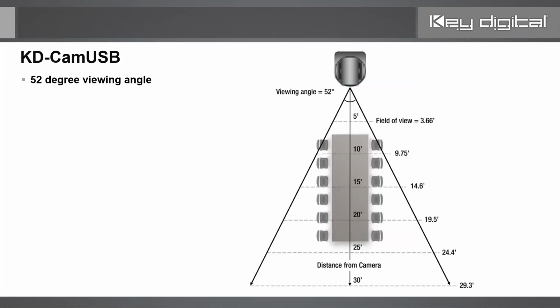So more of the fun facts included in our plethora of information today: the KD-CamUSB has a 52-degree viewing angle. So depending on how far back it is, etc. If you have somebody with a larger conference room table, or a super long room, we have the ability and flexibility there, not chopping everybody's head off on the front row.